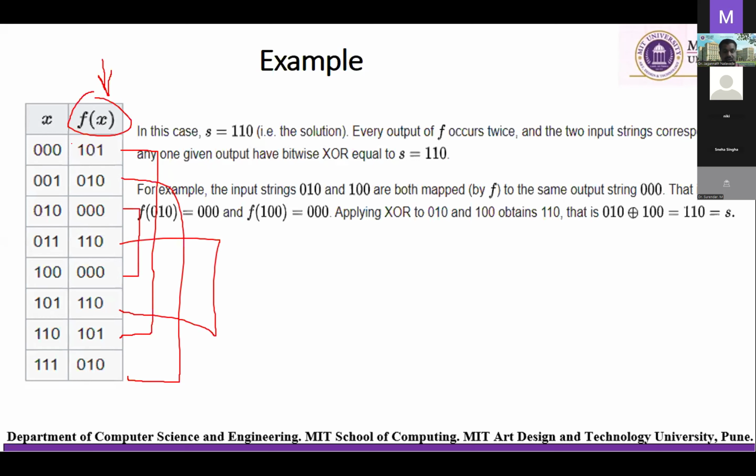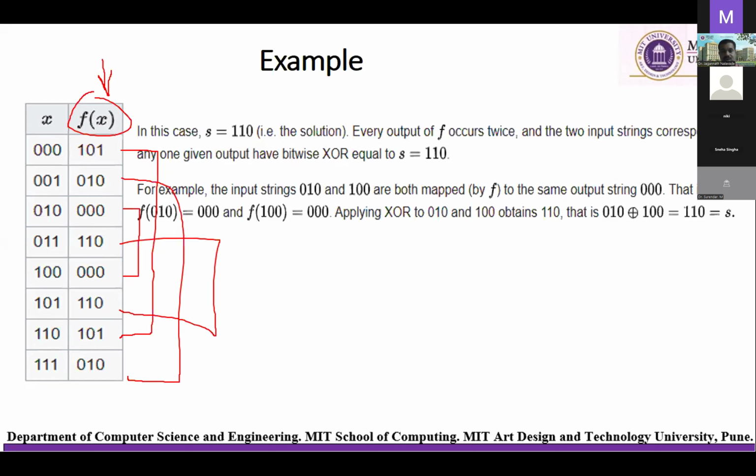For different x values, f of x is the same. Similarly, for two other x values, f of x is common, or the same.